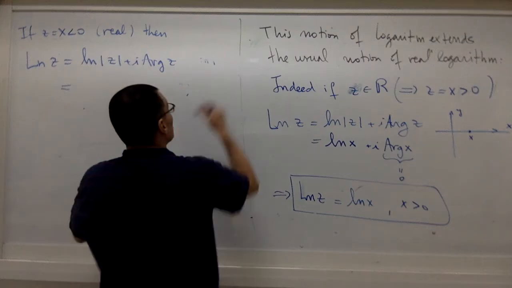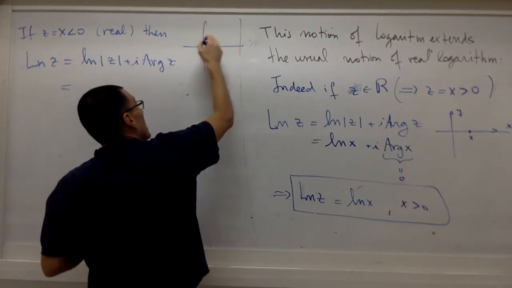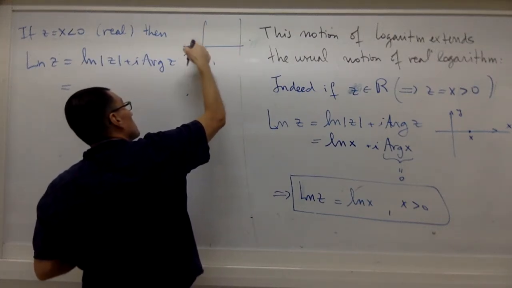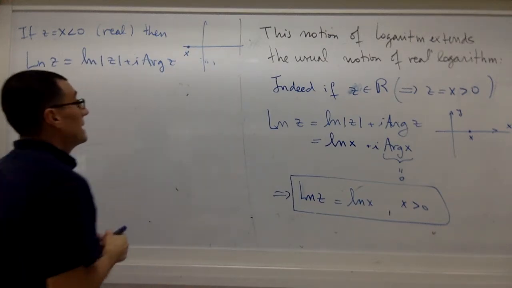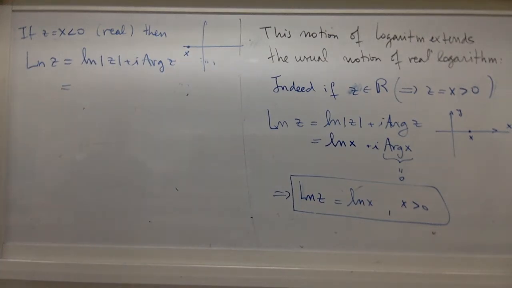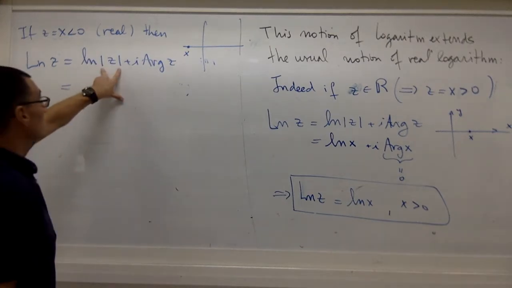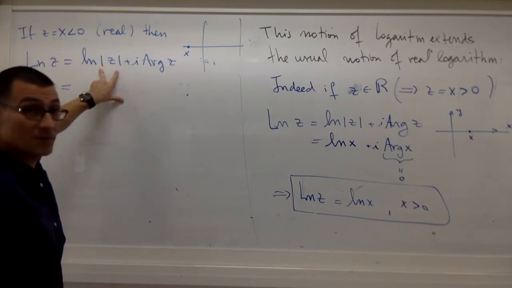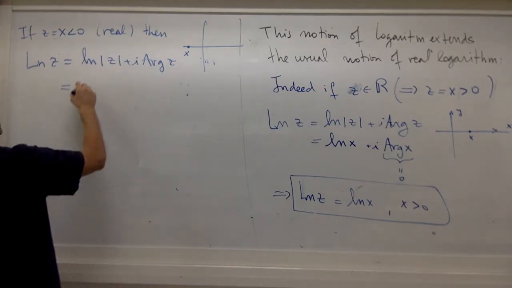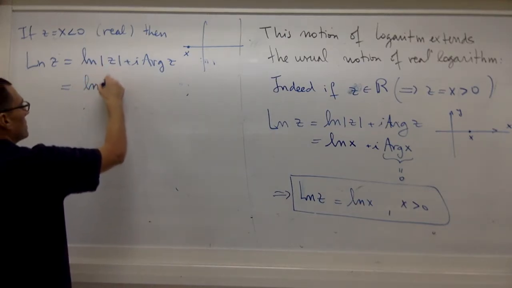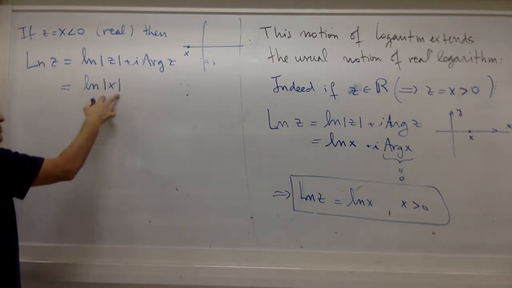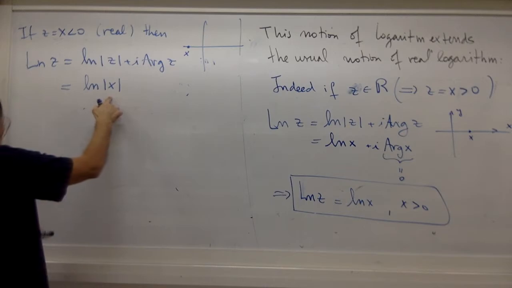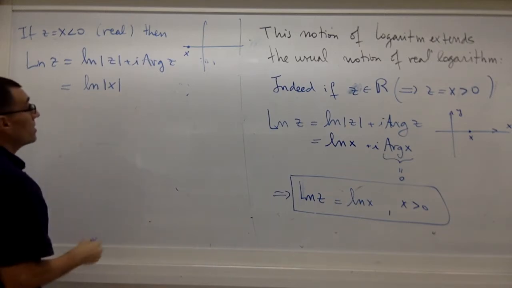Now we are in a different situation here. Now x is negative, so x belongs in the negative axis of coordinates, and it's real. So what's the logarithm of the absolute value of z? Well, it's going to be the logarithm of the absolute value of x. x is negative, the absolute value of x must be positive.